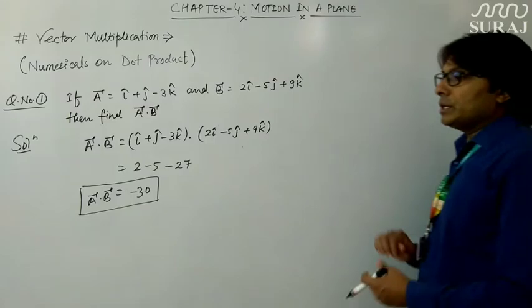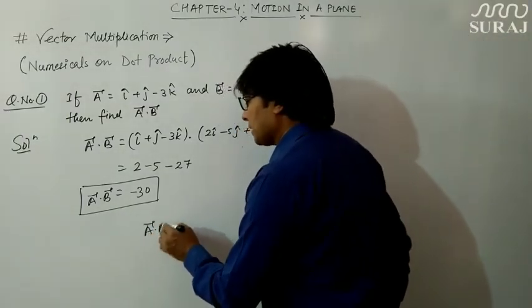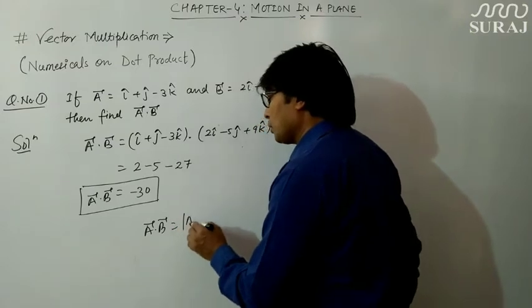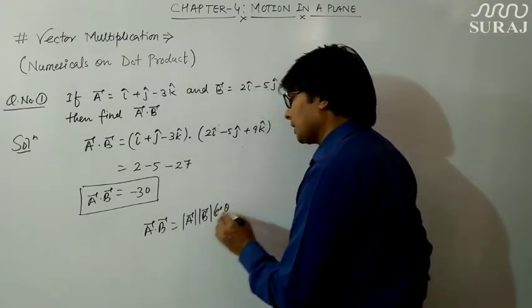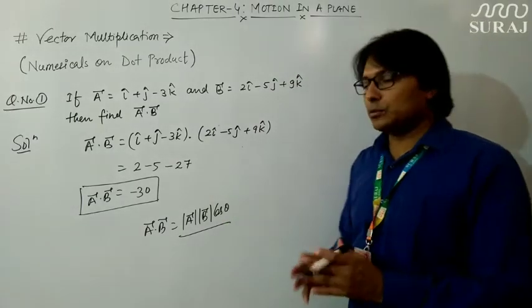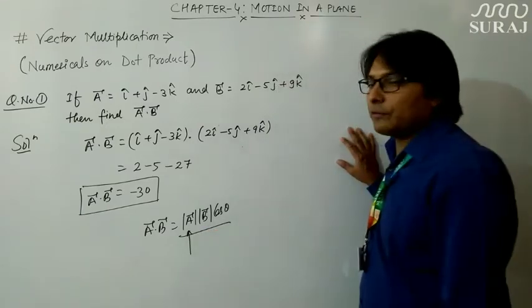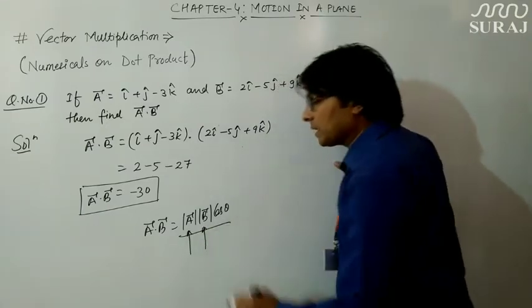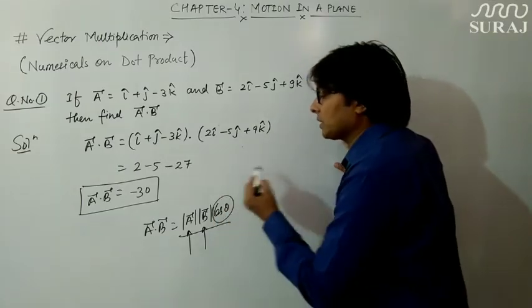So there is no need to apply the formula, that is a vector dot b vector is equal to mod of a vector into mod of b vector into cos theta. We will use this formula when we know the magnitude of a vector, magnitude of b vector, and also the angle between these two vectors.